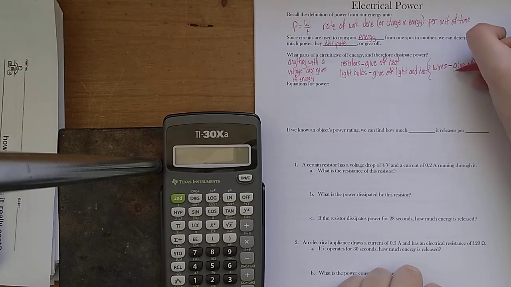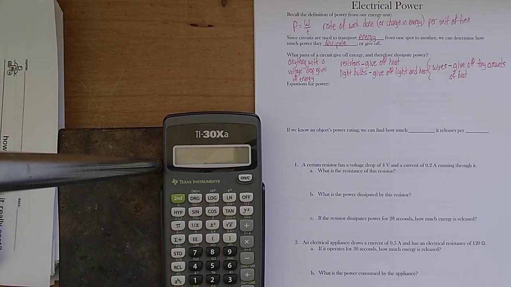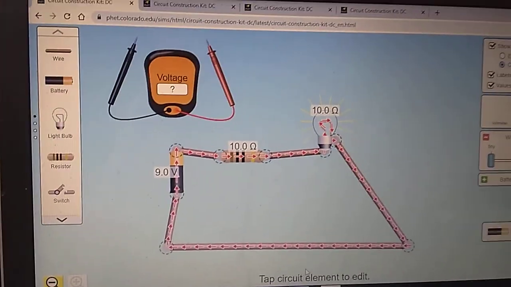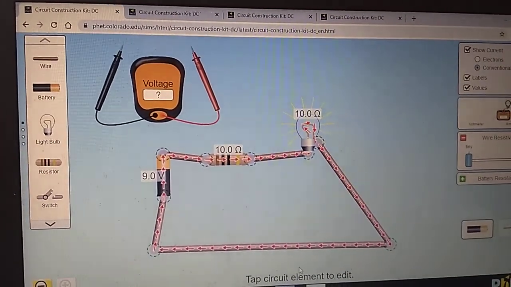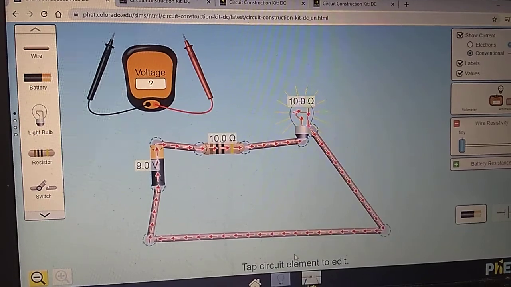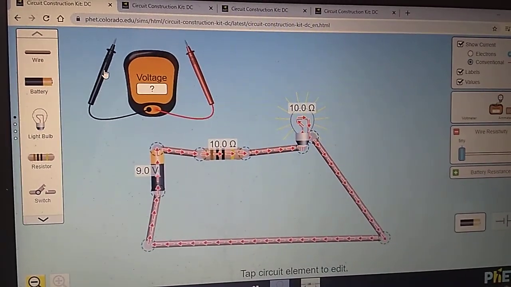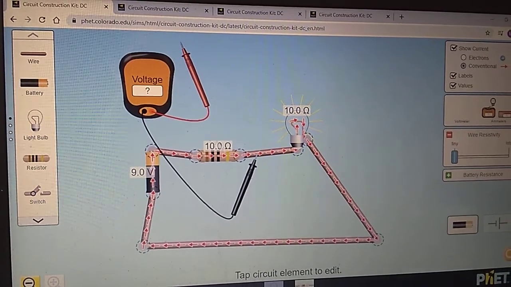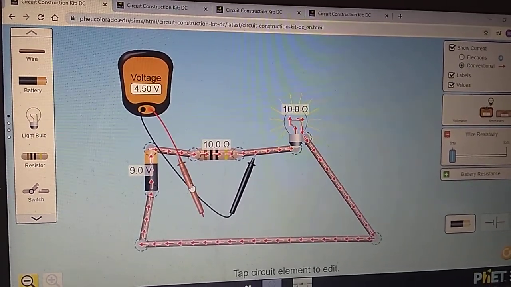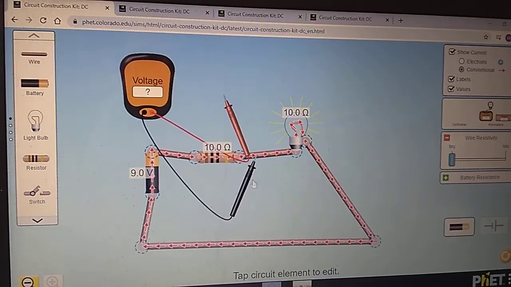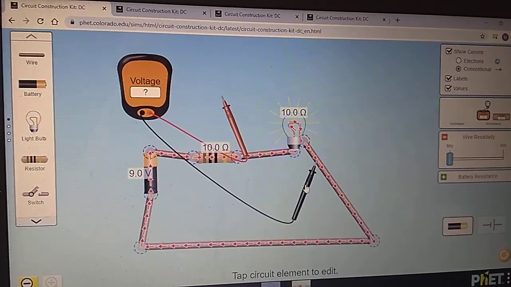I can show you this on the simulation. On this simulation right here, we have a battery connected to a resistor and a light bulb in series. I'm going to put the probes across the resistor to show that it has a voltage drop, and across the light bulb to show it has a voltage drop.